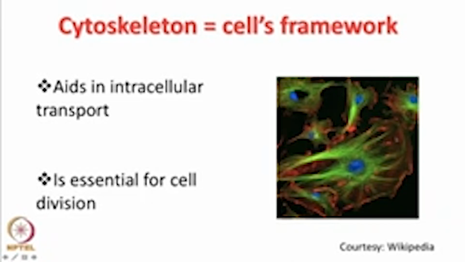The microtubule aids in intracellular transport and is a key protein for cell division. Most anti-cancer drugs target cancer cells by perturbing the microtubule dynamics within the cell. So, the cytoskeleton is the cell's framework, a mechanism which ensures that the cell is taut.